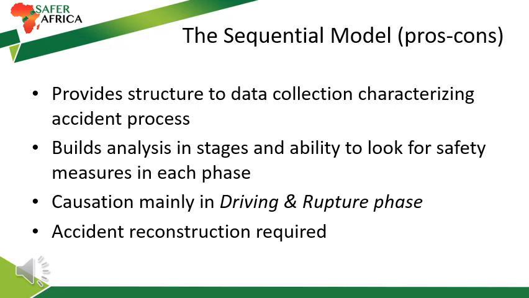Such a model is often used for qualitative and quantitative analysis because it shows how events and factors are related, giving also the opportunity to look for safety measures adapted for each phase. From the accident causation point of view, the information is mainly selected in the first 2 phases, the driving and the rupture phases.